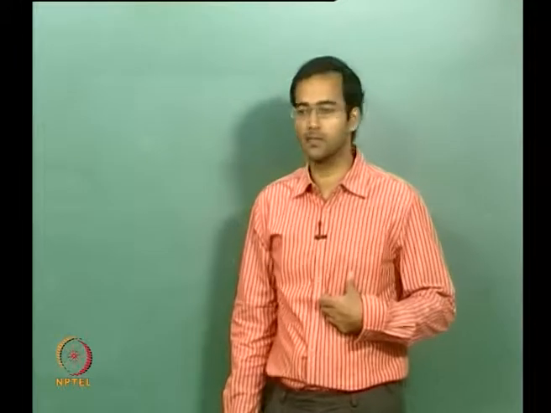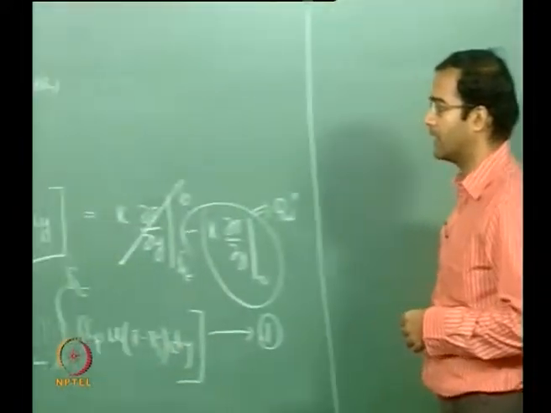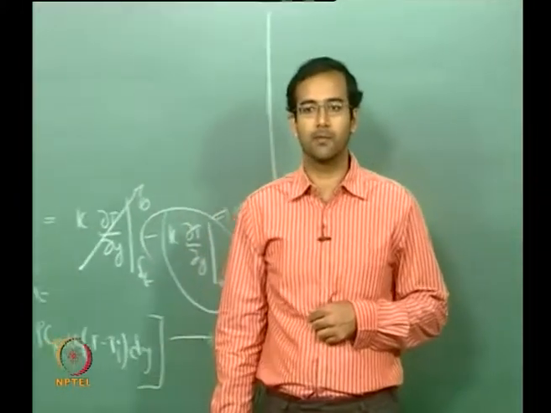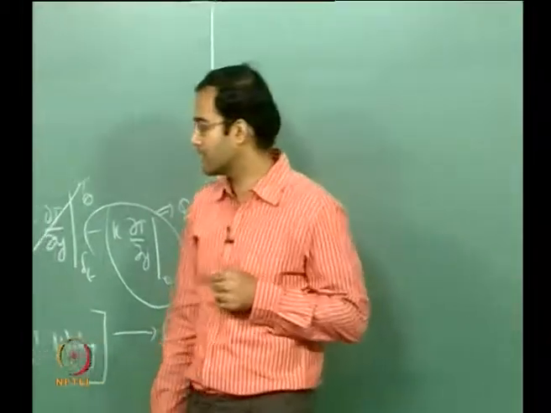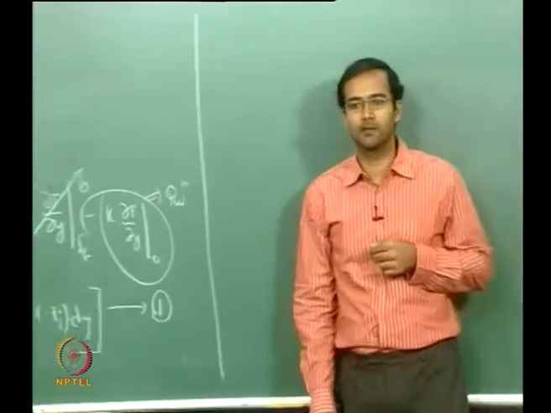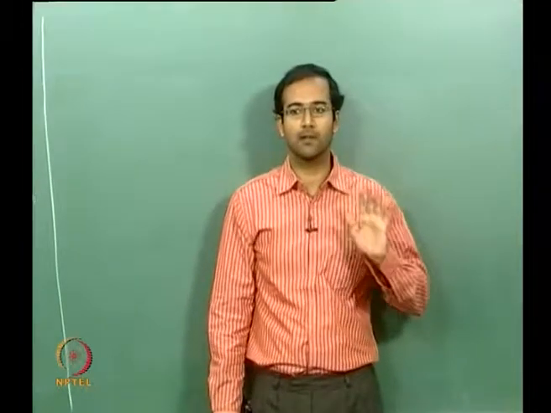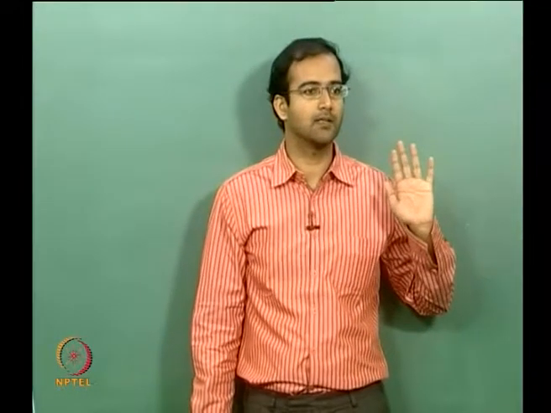We do not know the nature of the velocity and the temperature profile. So we have to guess some profile, and the best guess could be something like a cubic profile. As far as the velocity profile is concerned, we are not going to solve the momentum integral because it is now hydrodynamically fully developed.